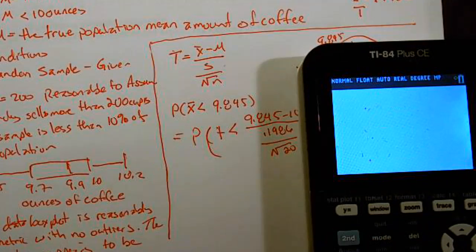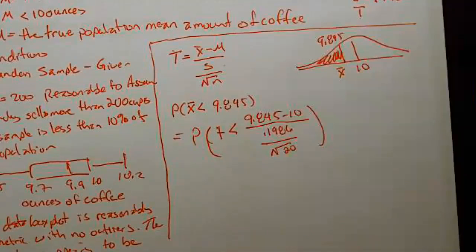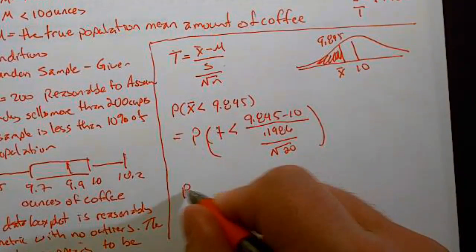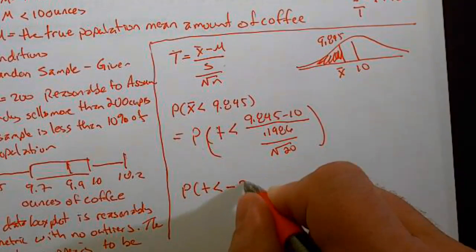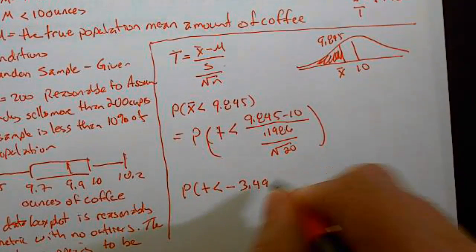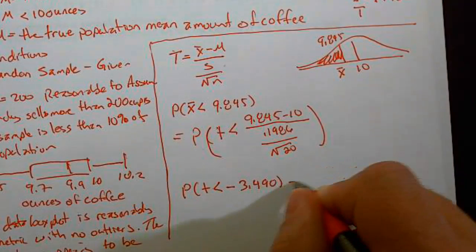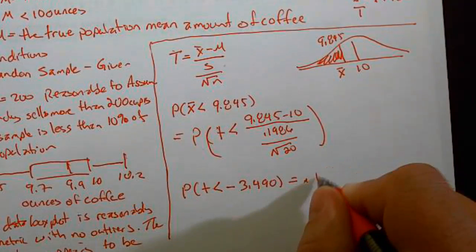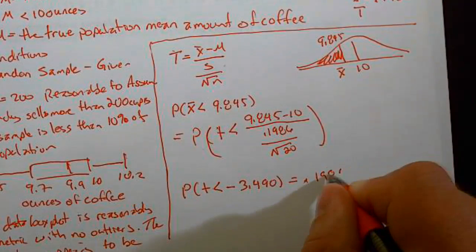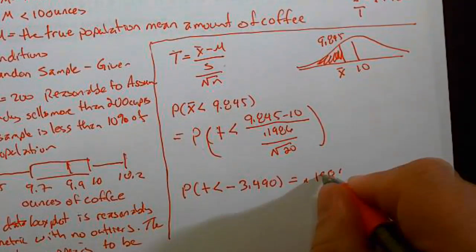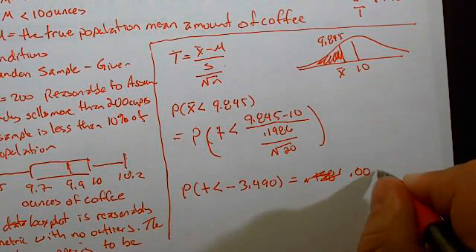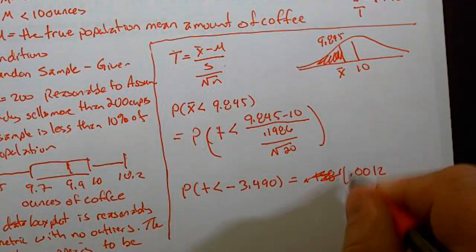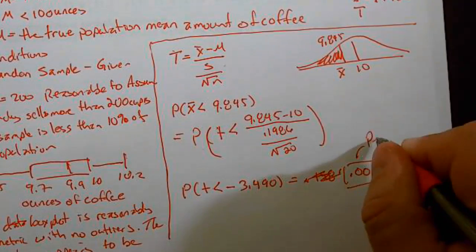Calculate, and we get the probability that t is less than negative 3.490 equals, excuse me, that's the wrong probability, 0.0012. So this right here is my p-value.